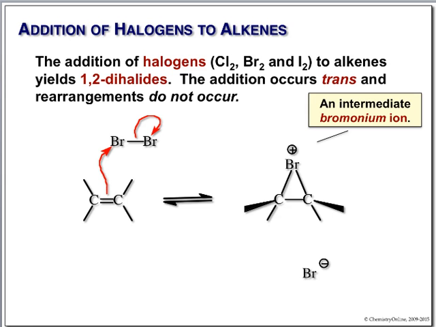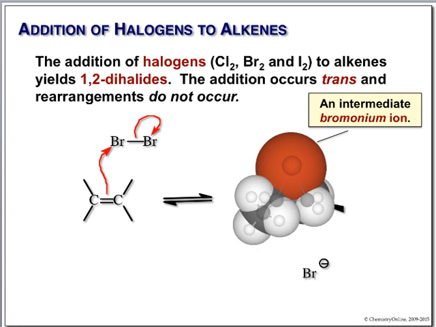Now, in order for this to give rise to product, Br- now has to attack, doesn't it? You could argue that Br- could attack from either the top or the bottom. However, the bromonium ion is huge. So here's our bromine sitting above our alkene pi system. And this is very, very large, isn't it?